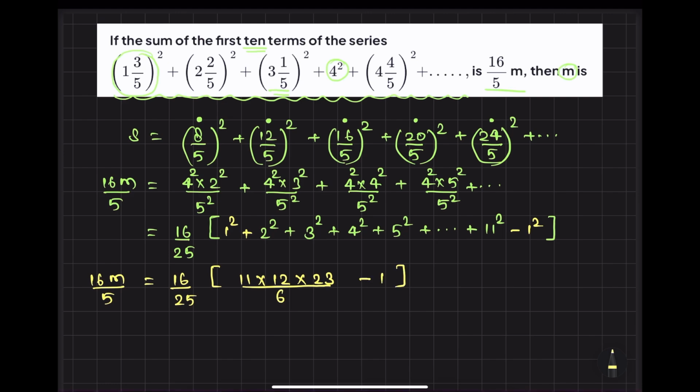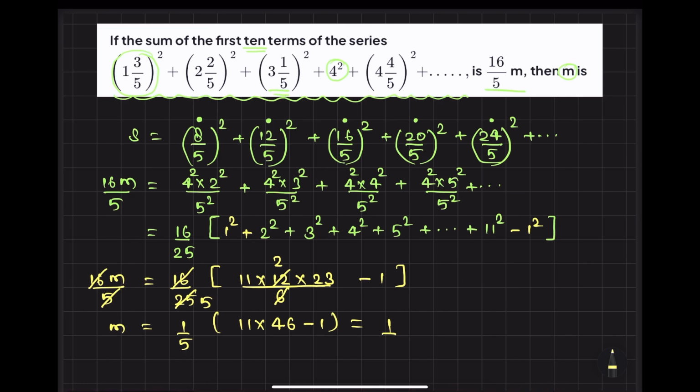Now you can do the simplification. So it is 5 times 1 times 2. Okay. So we got m equals 1 by 5 and then 11 times 46 minus 1.